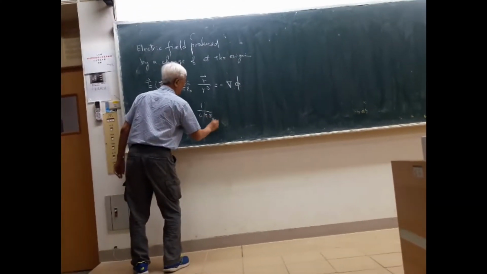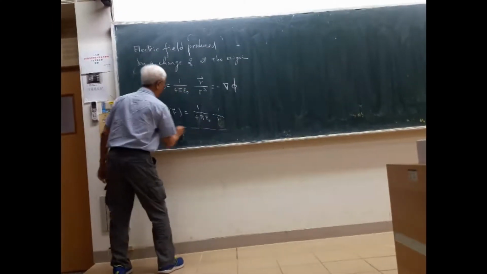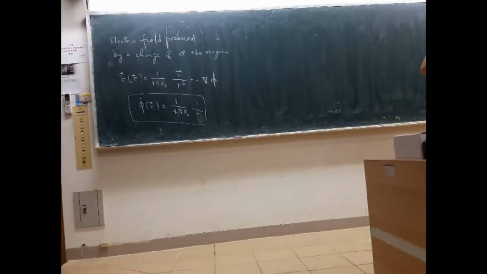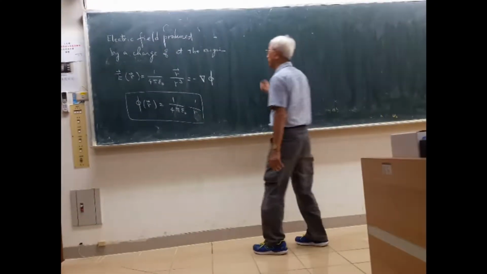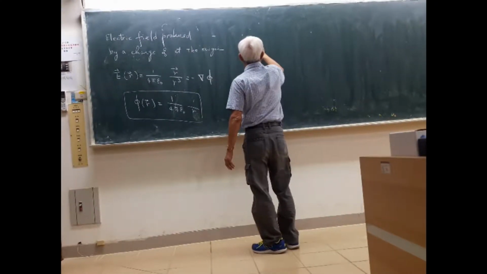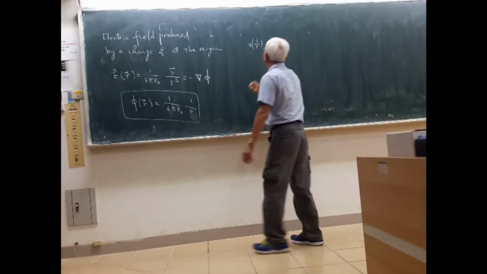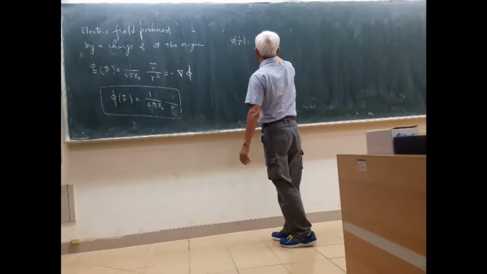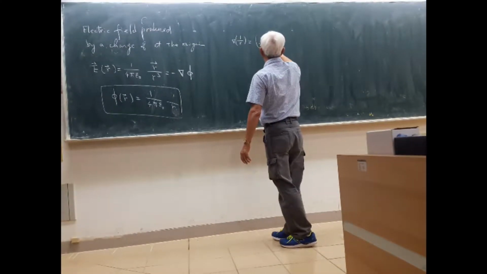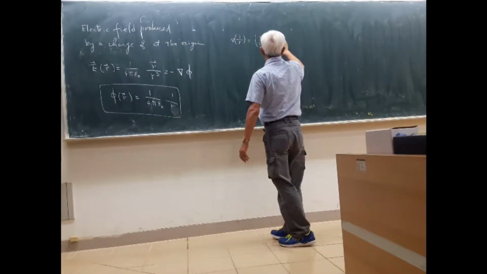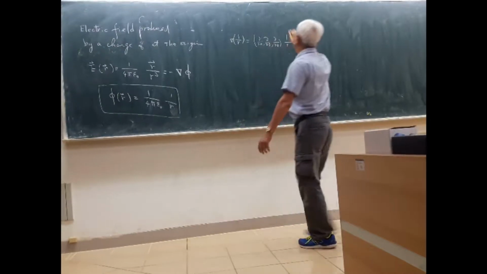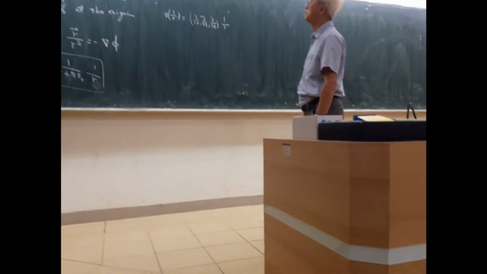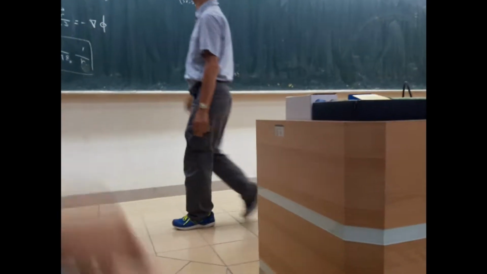Isn't there a Q missing? 1 over r, isn't there a Q missing, right? Okay, gradient r. Teacher, is there a Q in the electric field?